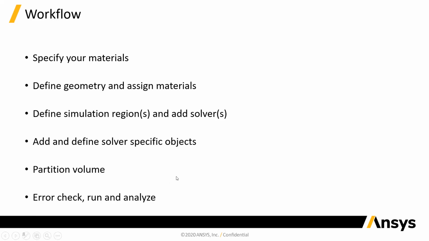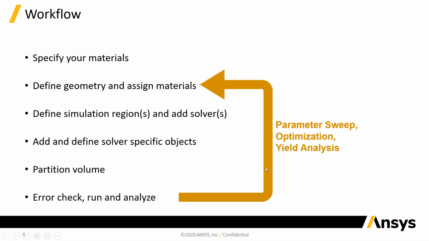Before you run the simulation, there is a check button where you can check for errors, like if there is any missing boundary conditions, or maybe you have defined multiple conditions for the same surface and so on. You can check those, and then finally you can run simulation. Of course, it supports our usual parameter sweep and optimization and yield analysis. Those are built into all of the tools.